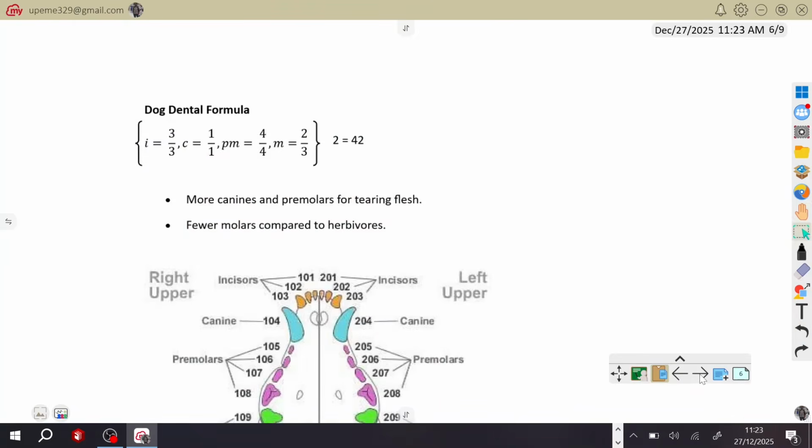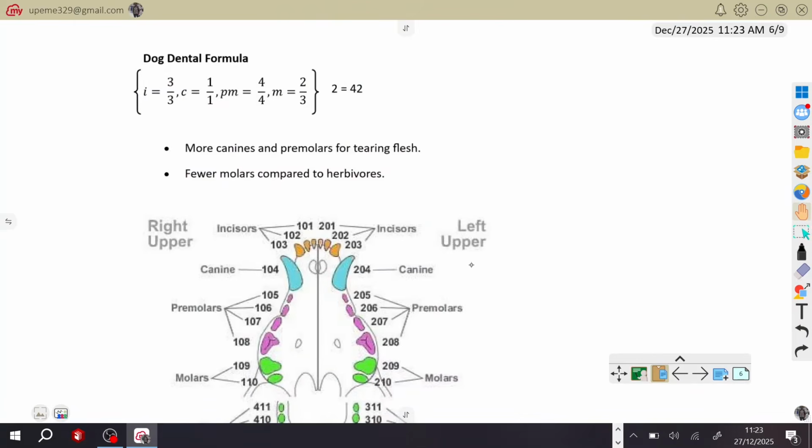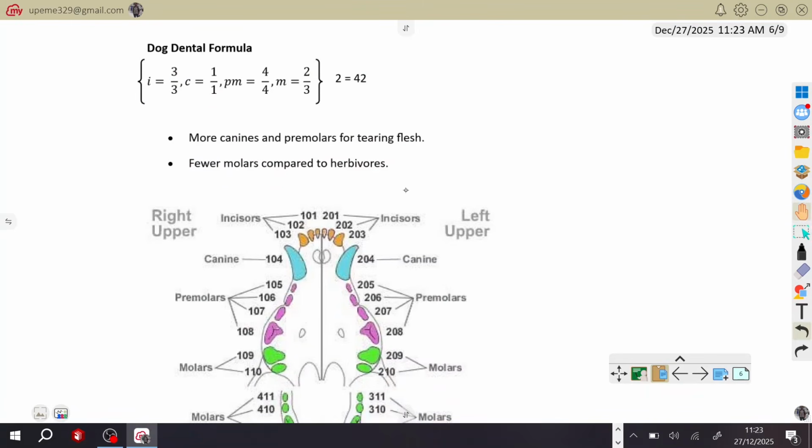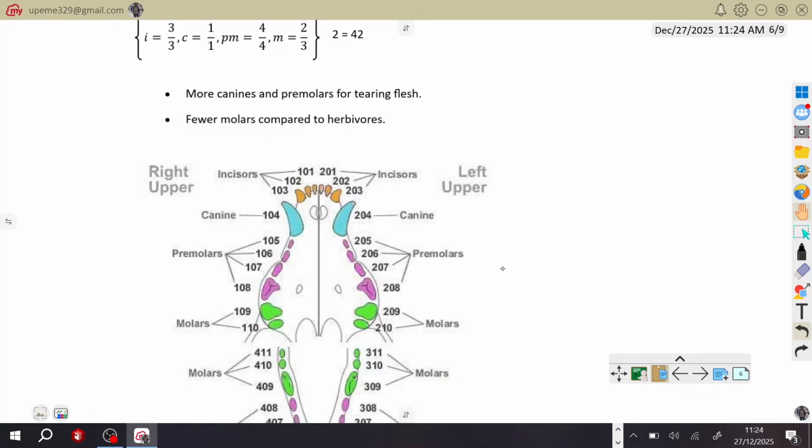Okay, so now let's look at the dental formula of the dog. For the dog, we have what we call a 3, 1, 4, 2 formation.